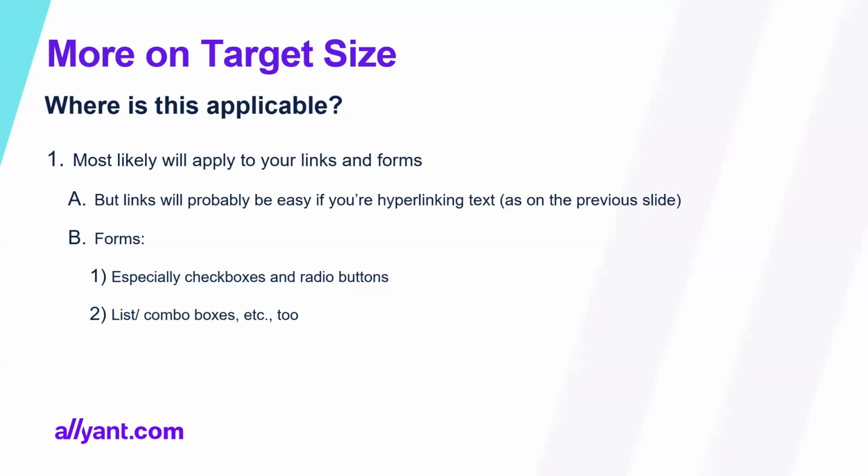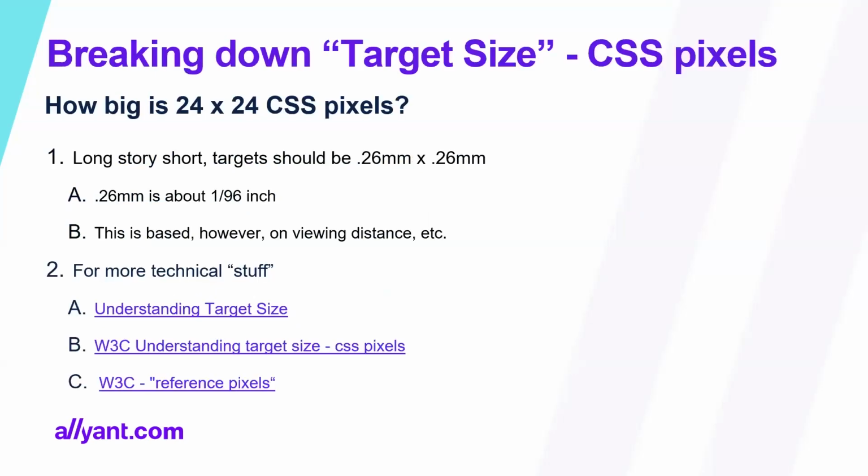Now, links is probably going to be pretty easy to be in compliance with this requirement. If I go back to the previous slide, just to use the links as an example, the text "understanding target size" has been hyperlinked. Just the sheer size of the length of those words, pretty much by default is going to make my link target there big enough, right?